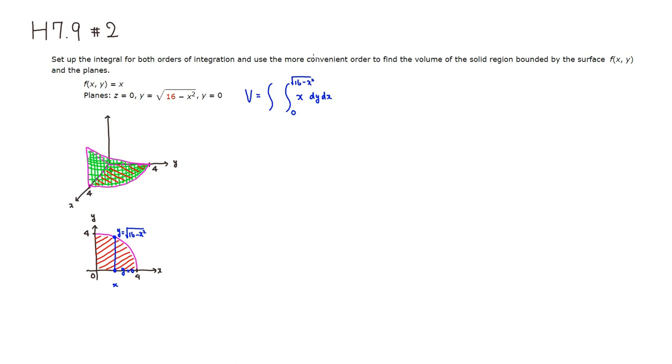Then to sweep the entire quarter disk, we start from x equals 0 and increase x all the way to the last point, x equals 4. So x goes from 0 to 4. That's one order. Let's do the other order.